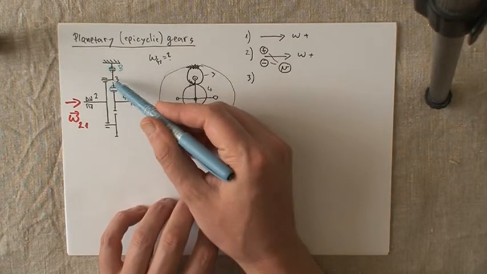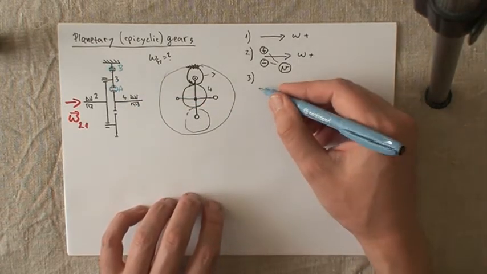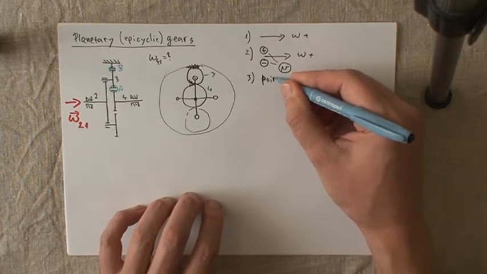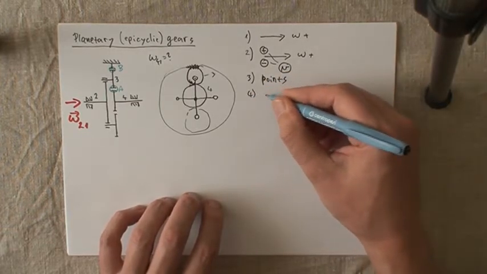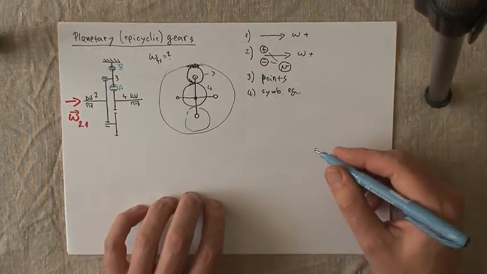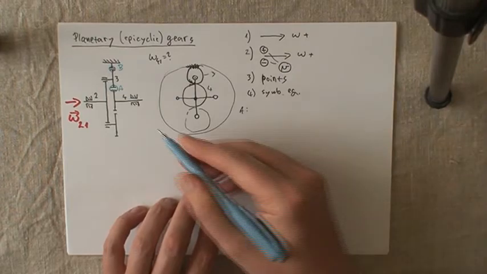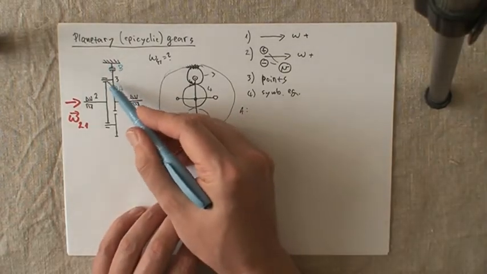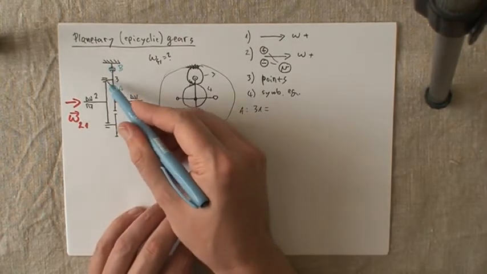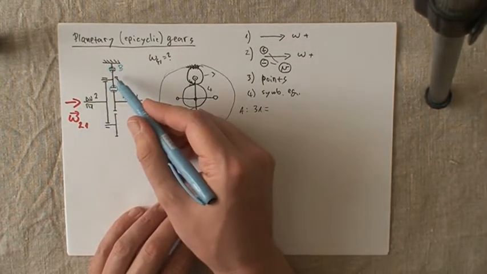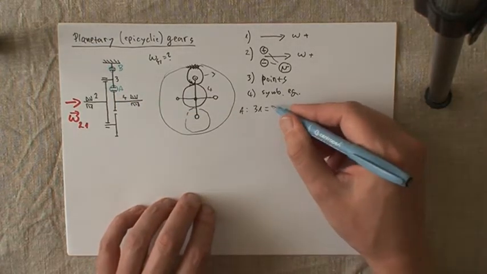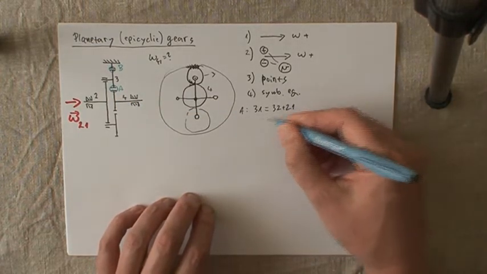combined motion of the satellite. So in A, 3 with respect to 1, and we can go through the carrier and we can go through the sun wheel. So 3, 1 is 3, 2 plus 2, 1.